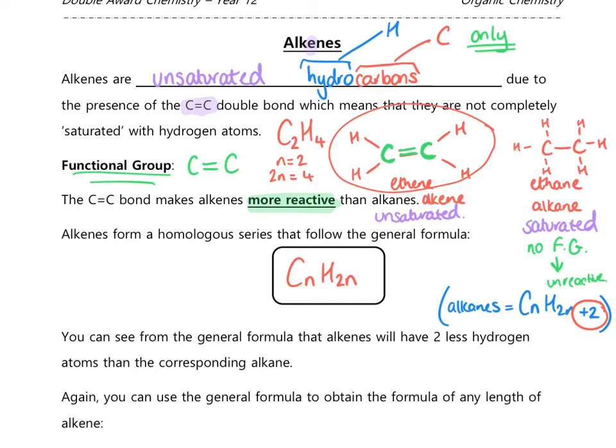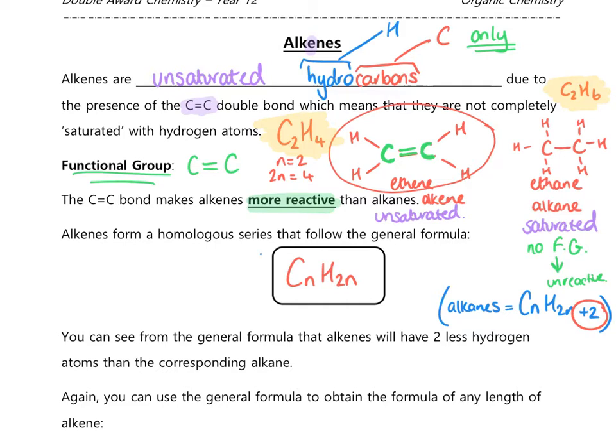So if you look at ethene versus ethane, again, ethene, its formula is C2H4, whereas ethane, we can see here there's 2 carbons, 6 hydrogens, so its formula has 2 more hydrogens in it. Okay, so alkenes will have 2 less hydrogens than the corresponding alkane.